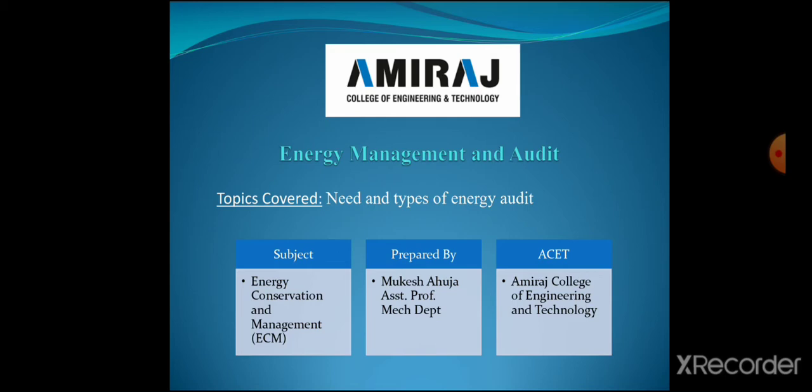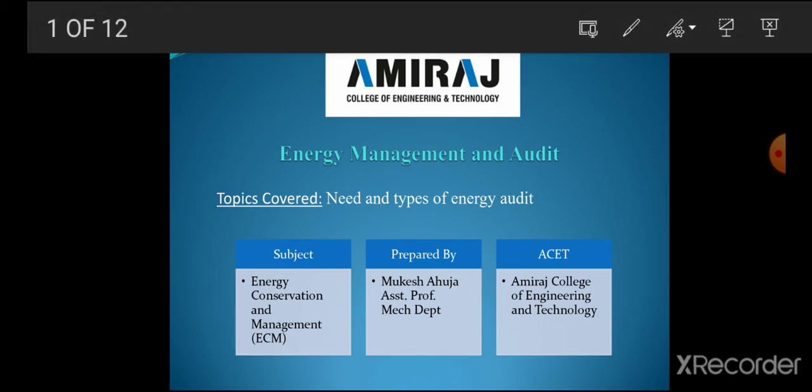So how we can manage the energy? The use of energy resources is required to be reduced by managing the utilization of electricity, which is termed as energy management. So we have principles.